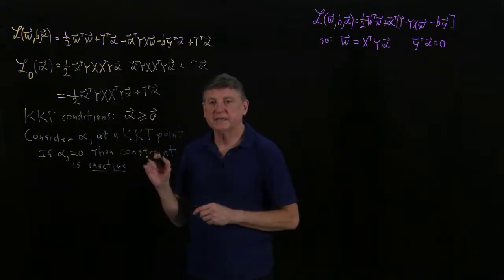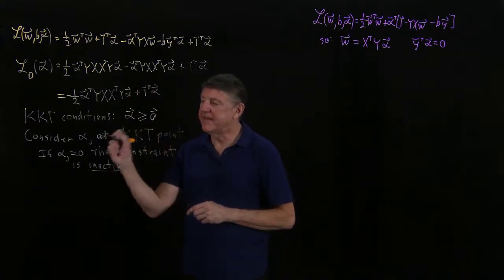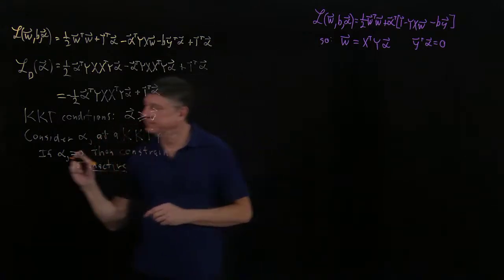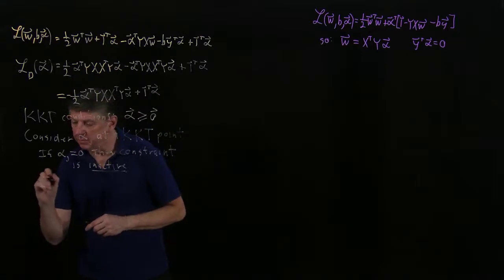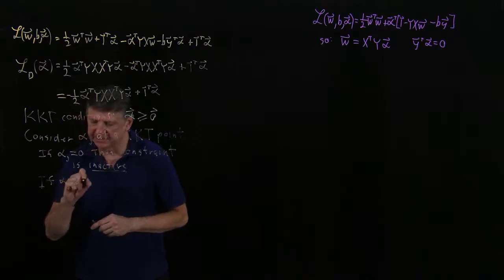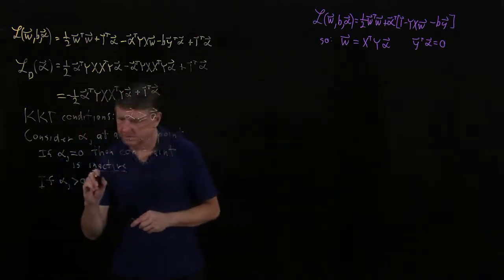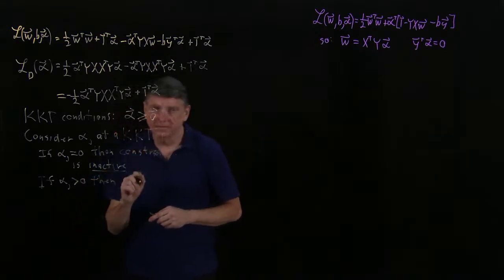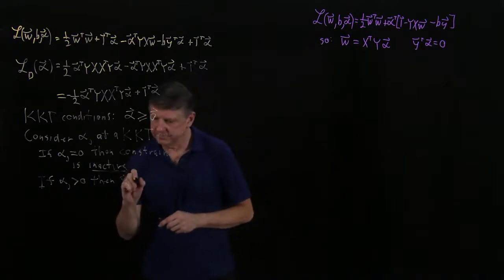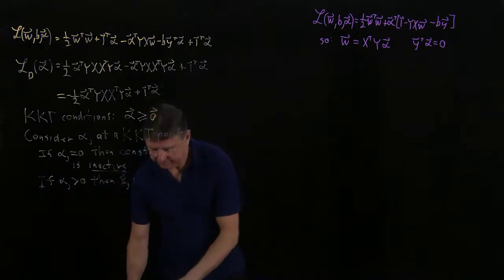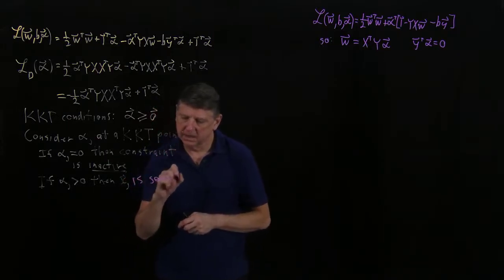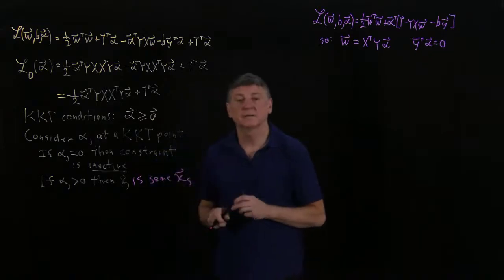If a constraint is inactive, then I know for sure that the xj that corresponds to it is not a support vector. And the only other possibility is that if alpha j is strictly greater than 0, then the corresponding data vector is a support vector.